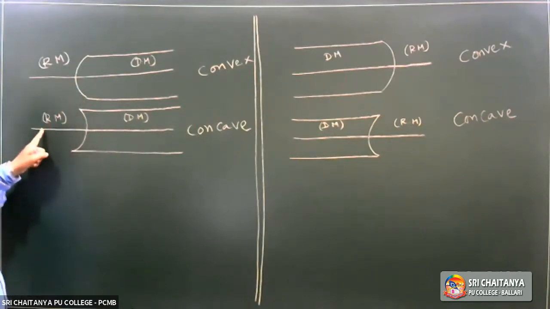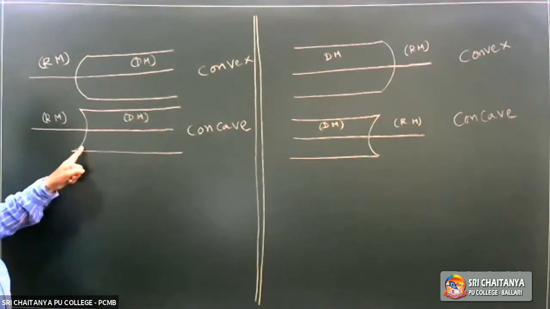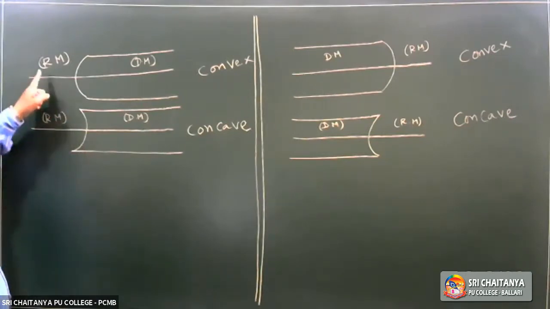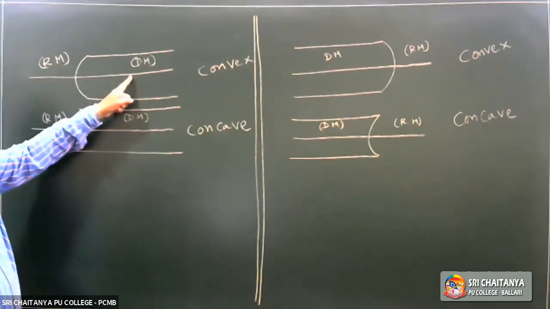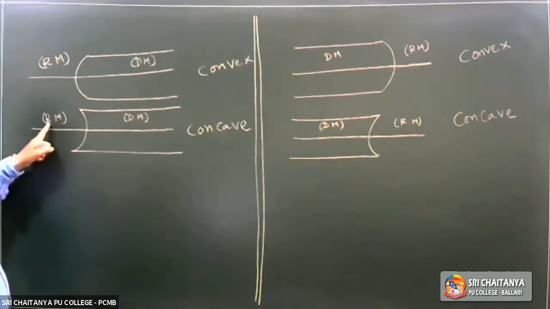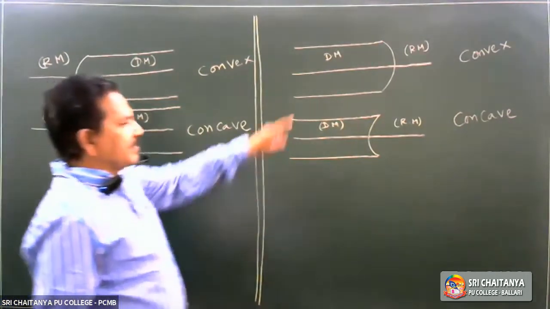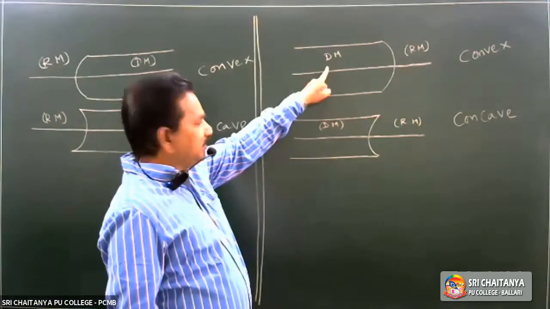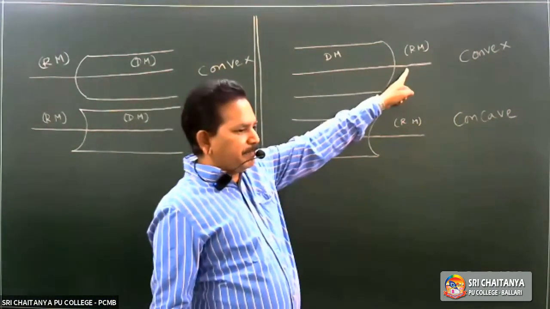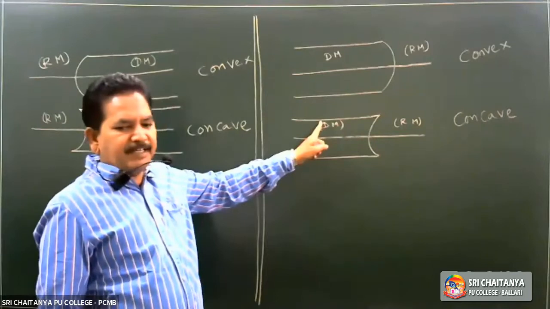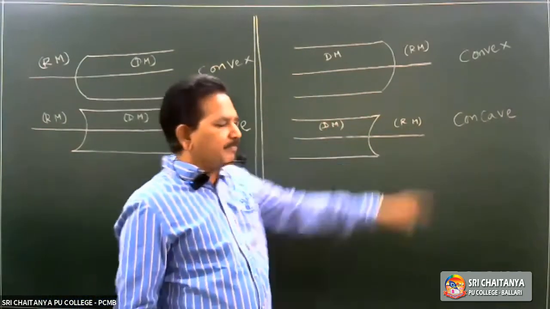The rarer medium towards a concave surface, that's why concave spherical surface. Rarer medium, denser medium, rarer medium, denser medium. In this case also, rarer medium, denser medium, rarer medium.